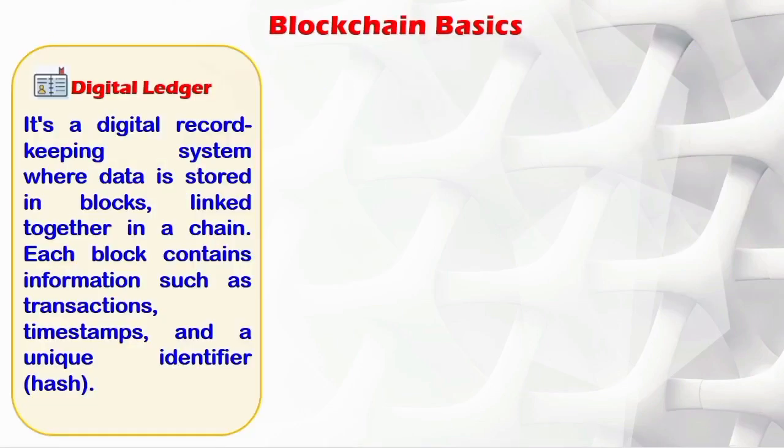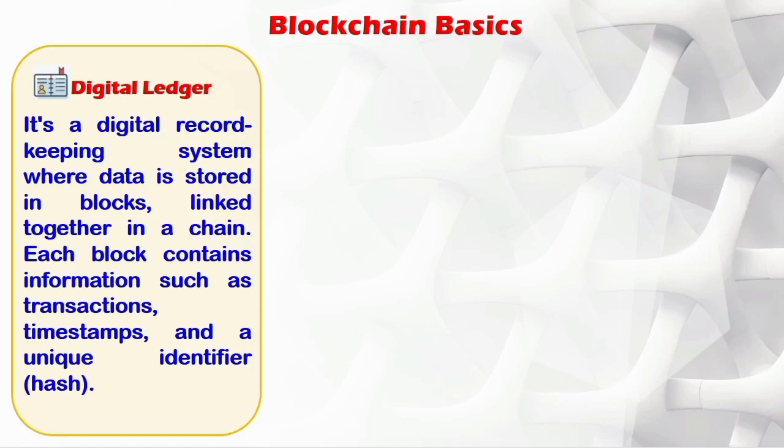Digital ledger. So it is a digital record keeping system where data is stored in blocks linked together in a chain. Each block contains information such as transactions, timestamps, and a unique identifier hash.